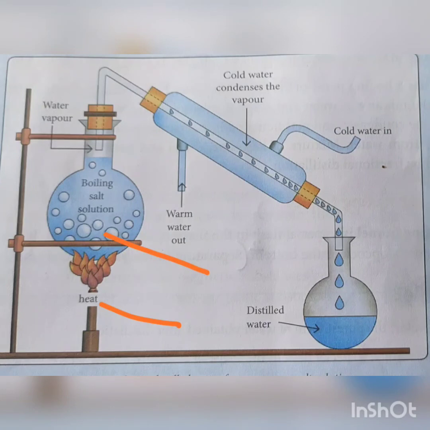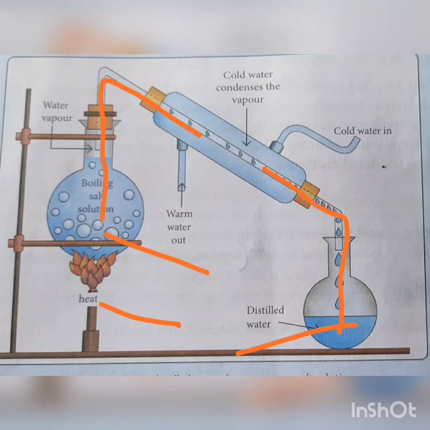We will observe that the water starts changing into steam on heating. Steam on passing through the condenser liquefies to form water, which gets collected in the second round bottom flask. This water is known as the distilled water, which is pure and not salty to taste.